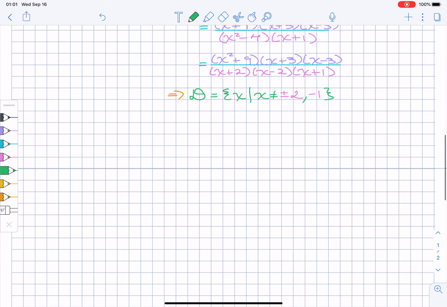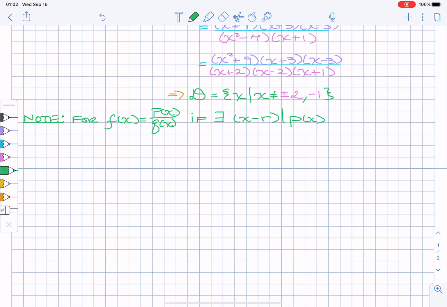Let's note something though. So note, for f of x being equal to p of x over q of x, if there exists a factor x minus r that divides p of x and q of x, this implies that r is still not in the domain of f of x, even though we can reduce.